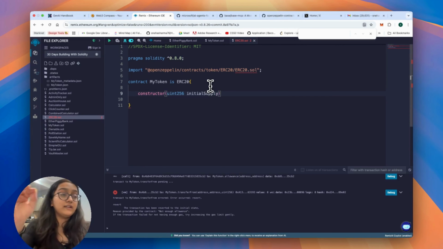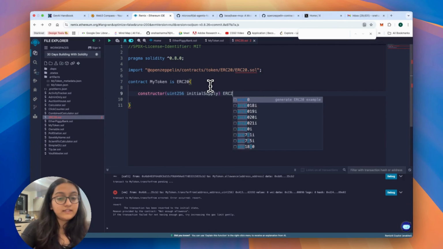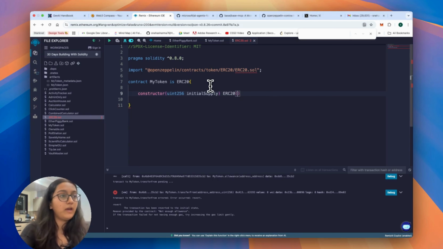Now using the ERC20 standard from OpenZeppelin, there is this thing where you have to just give your name and symbol. Okay, so just like it says MyToken, MTK, I will just go with Web3 Campus. And then I will go about the symbol, which is, come on, W3C. Suppose. I know it's not very good, but yeah.